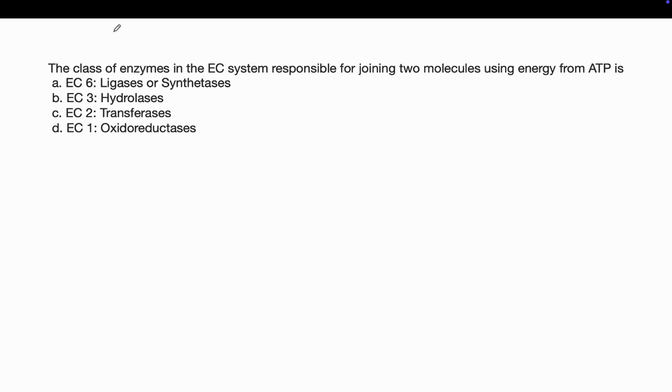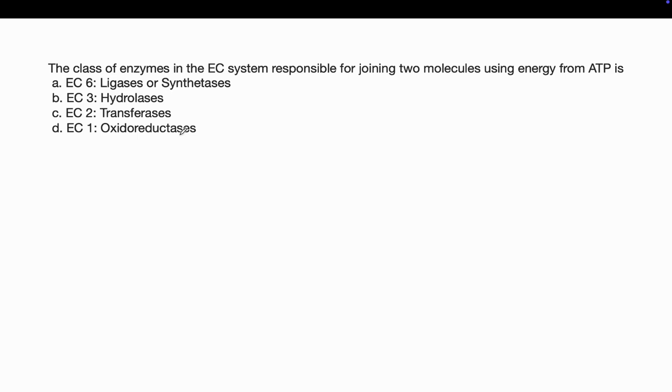The next question is, the class of enzymes in the EC system responsible for joining two molecules using energy from ATP is: A, EC6 ligases or synthetases; B, EC3 hydrolases; C, transferases; and D, oxidoreductases.